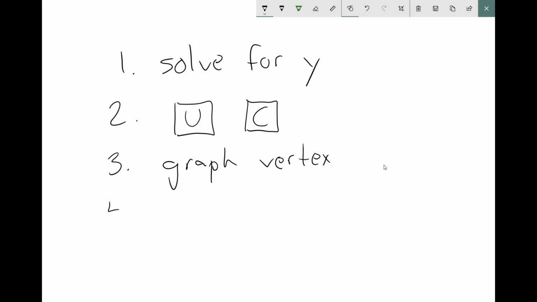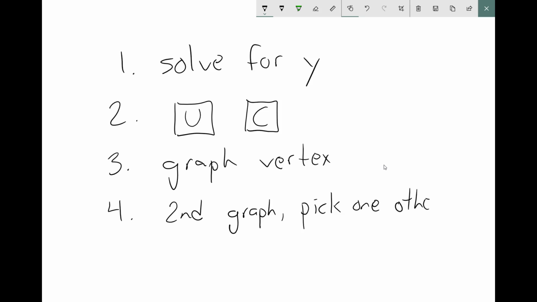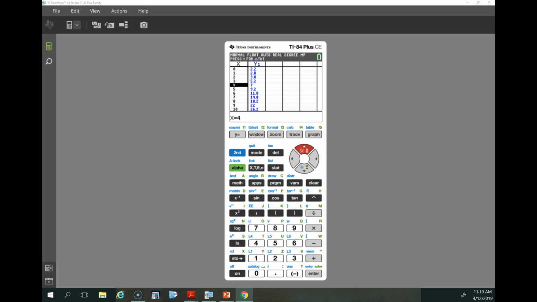Always graph that first, and then finally go to second graph on your calculator. You're going to pick one other point to graph. As long as you have one other point, it does not matter what that point is, it will always work out. Just one other point.